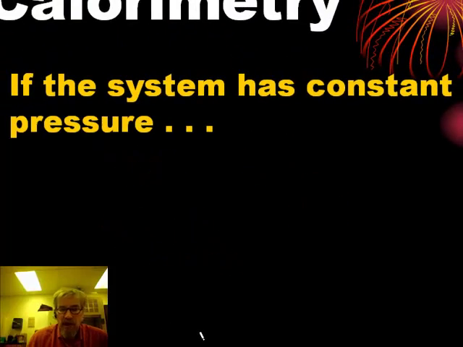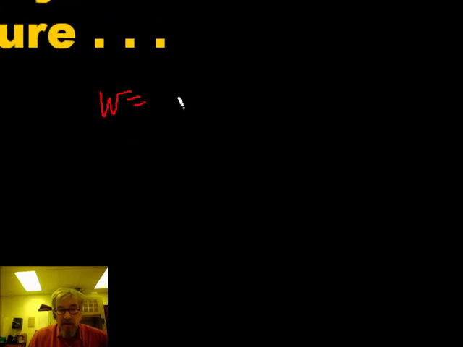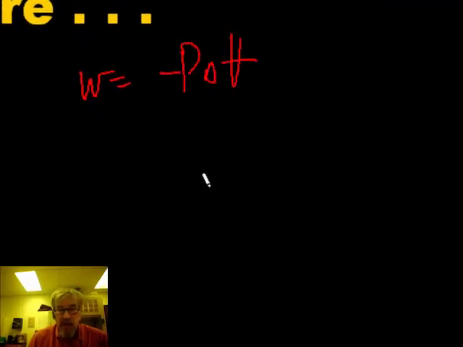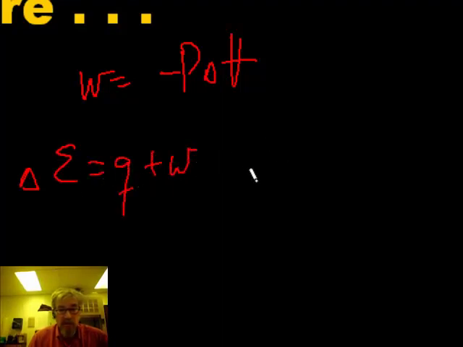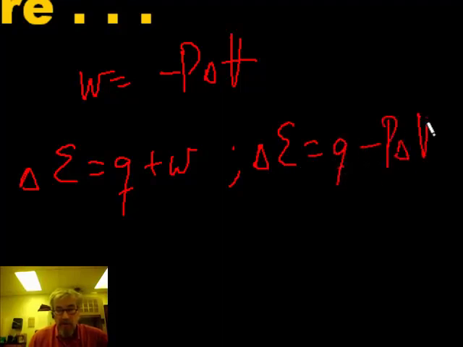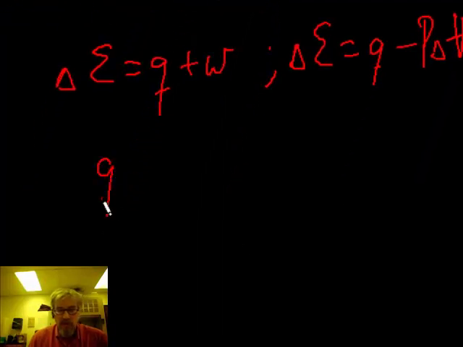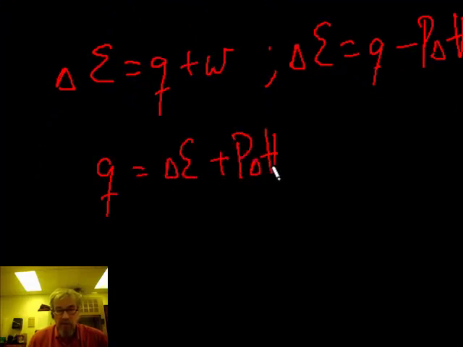If the system in the calorimeter has a constant pressure, in other words, volume can change, but the pressure is allowed to stay the same, then you have a different situation. Here, work is possible because minus P delta V will be a non-zero number. So that means, because delta E is Q plus W, that delta E is Q minus P delta V. So if we solve for Q, what we're finding here is the total change in energy plus the pressure times the change in volume.